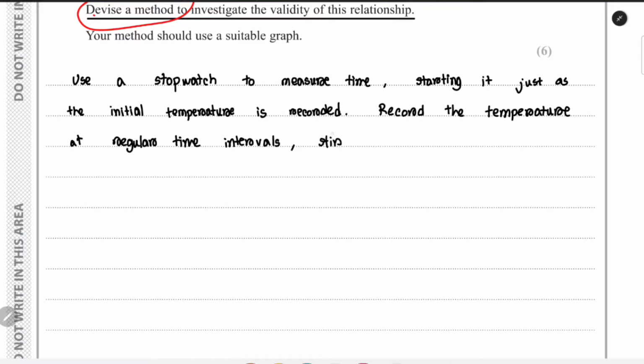And we'll stir it before every reading so that the solution becomes uniform.